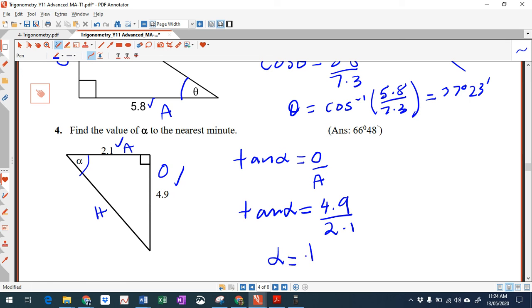So alpha is equal to the inverse tan of 4.9 on 2.1. So putting that into your calculator, Shift inverse tan 4.9 on 2.1, and press the degrees, minutes, seconds button, 66 degrees, 48 minutes.